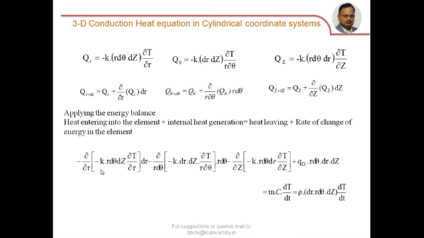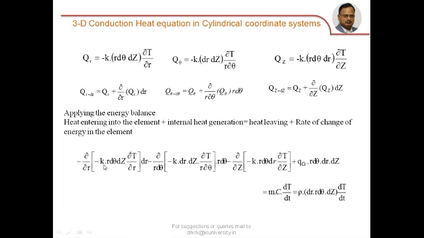Now coming to this one, minus ∂/∂r of Qr is minus k r dθ dz ∂T by ∂r dr. If you look at this term, we are taking the derivative with respect to r. So r is a variable and ∂T by ∂r is also a variable.